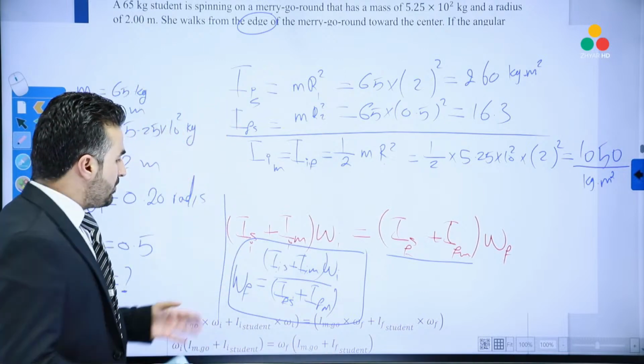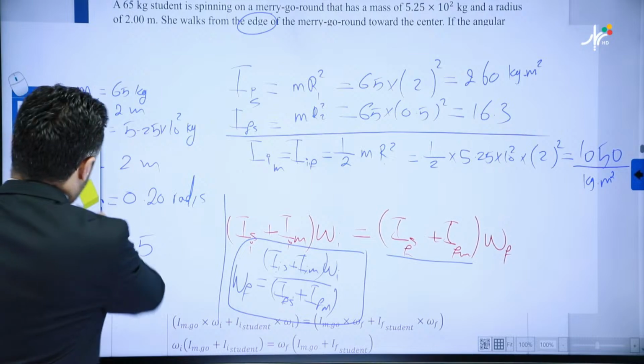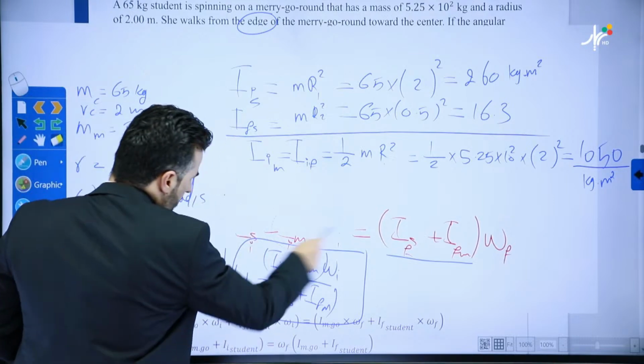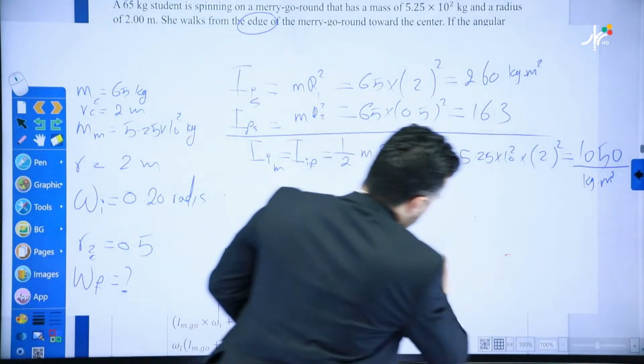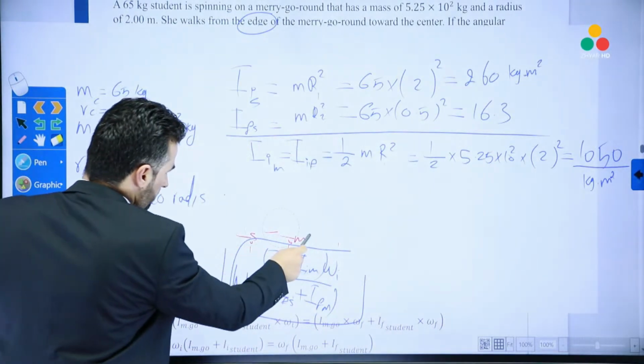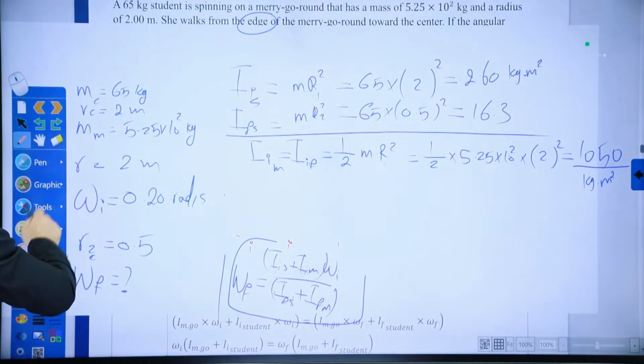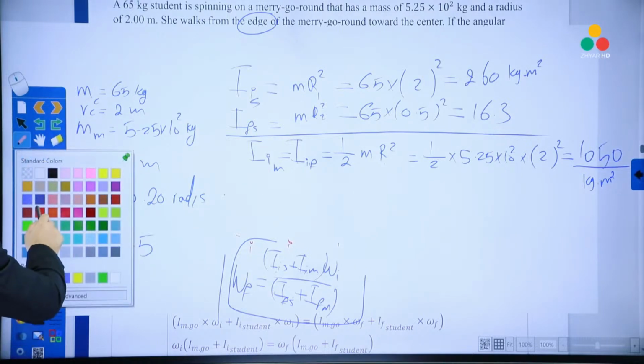Now all you have to do is plug in the numbers and you will find the answer. Let's erase this part as well. I don't want to erase the whole thing, so let's use a different color.